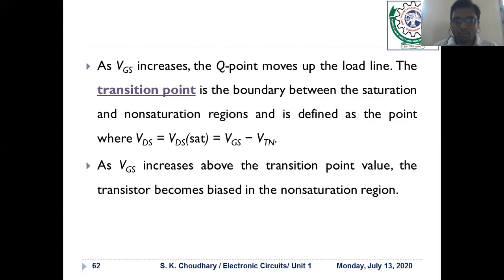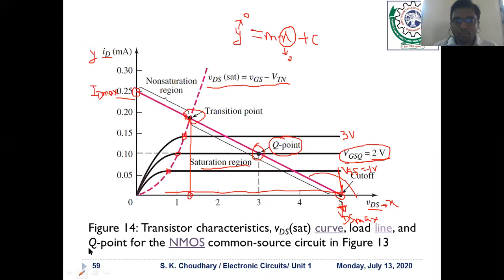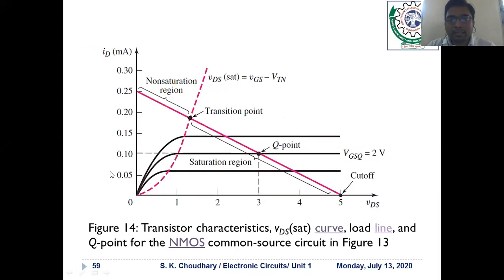Okay. So these are the three main regions of operation that we have to learn on this particular concept. Does anyone have any doubt up to this point? Because this is a very important concept: the DC load line as well as the operating point.